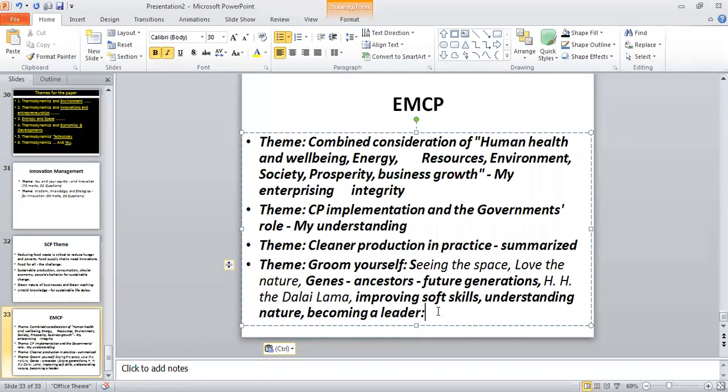Groom yourself. Seeing the space, love the nature, genes, ancestors. Even I'm asking this. His Holiness the Dalai Lama, improving soft skills, understanding nature, becoming a leader. So, theme of another question. Valuable.